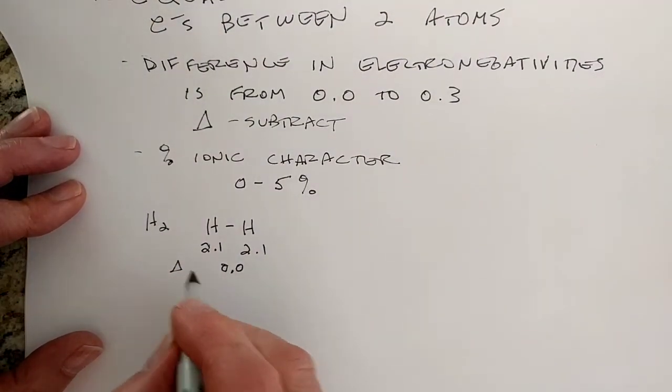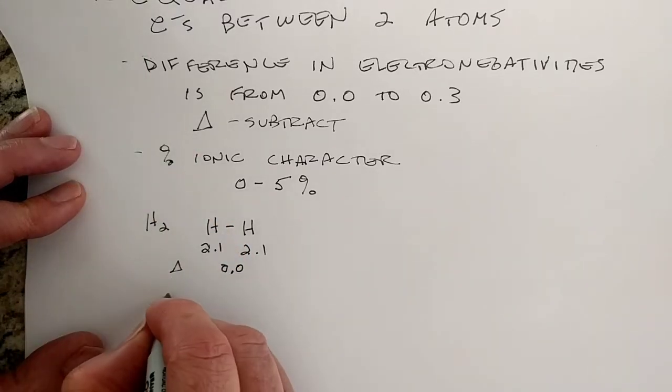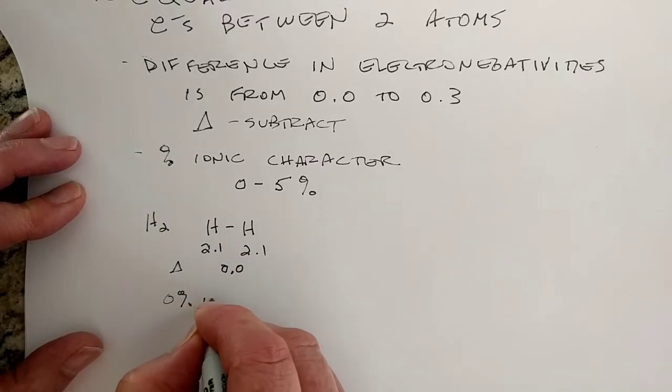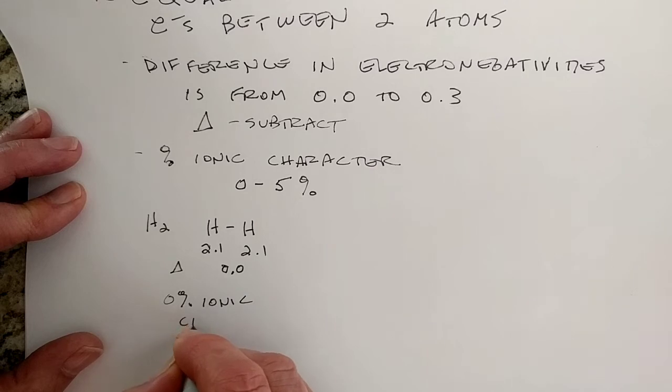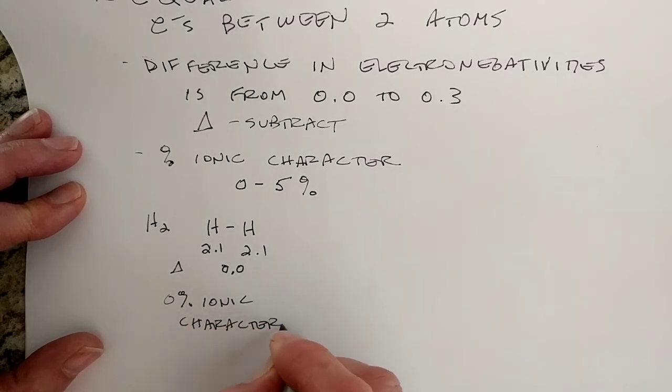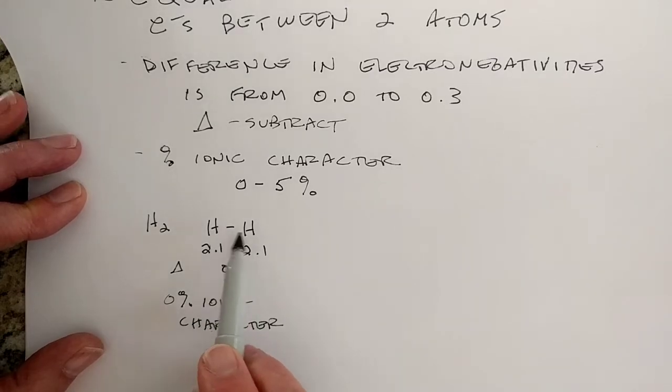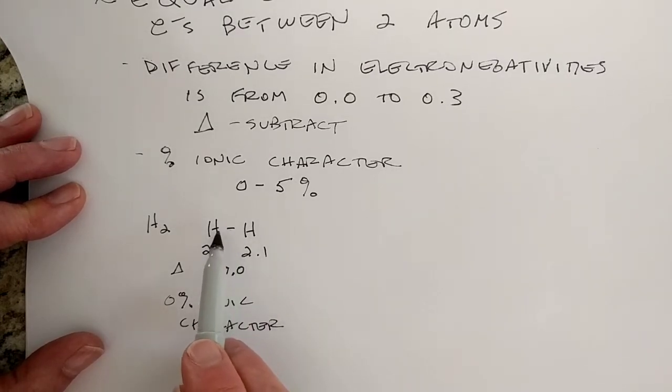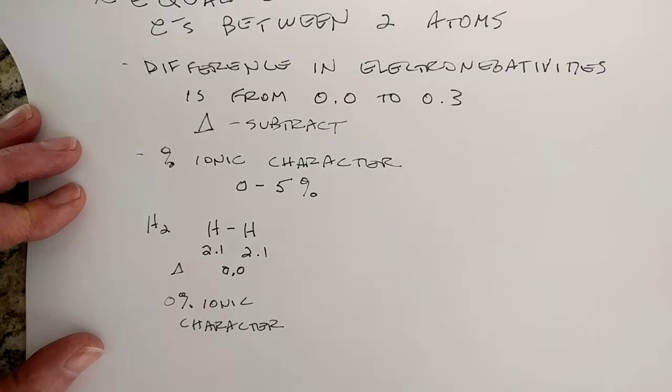So we have a non-polar covalent bond, and 0% ionic character. That means it's completely nonpolar. So it would be like a tug of war between the hydrogens, and they're exactly even.